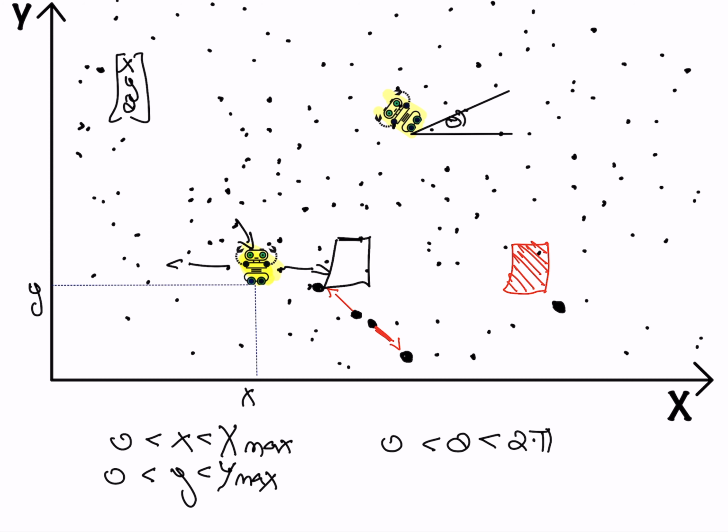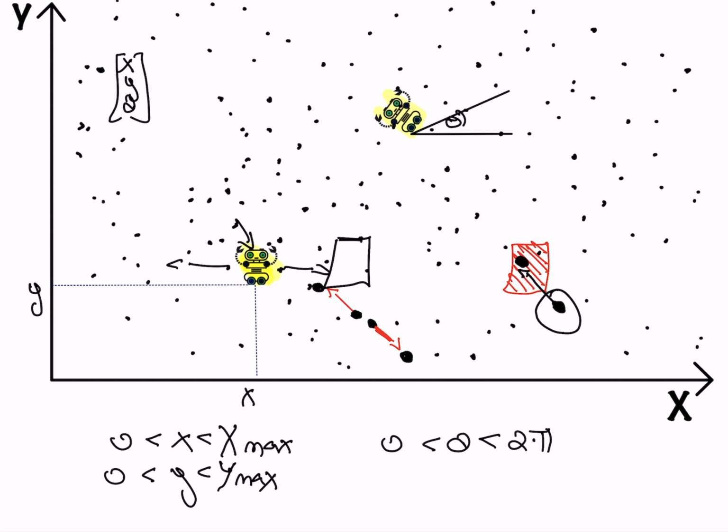And I know that if this particle moves 1 meter forward, it will end up inside the wall. So I know that this particle is improbable because if it did move 1 meter forward, I will end up inside the wall. What am I going to do with it? Probably assign a 0 weight or 0 likelihood to this particle.